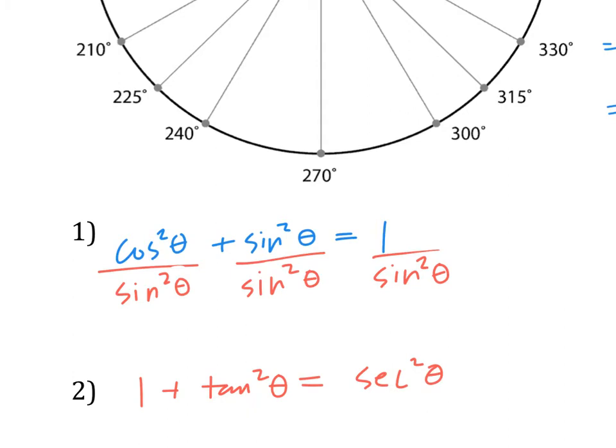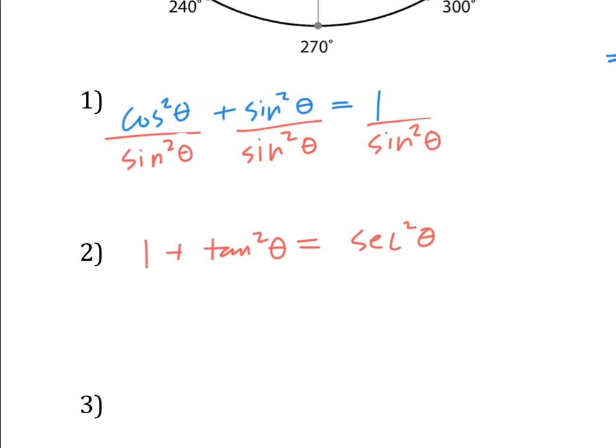Cotangent squared, very good. Cotangent squared plus sine squared divided by sine squared, 1. And then the last one, 1 divided by sine squared. Cosecant squared. So this is the third one you have to memorize.